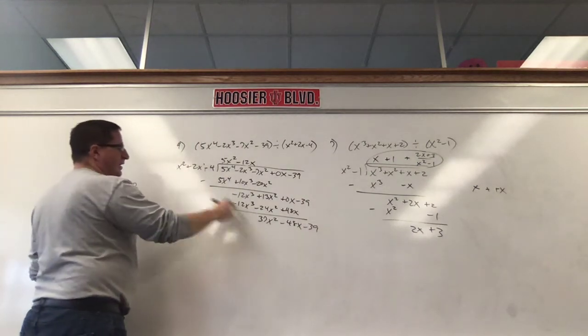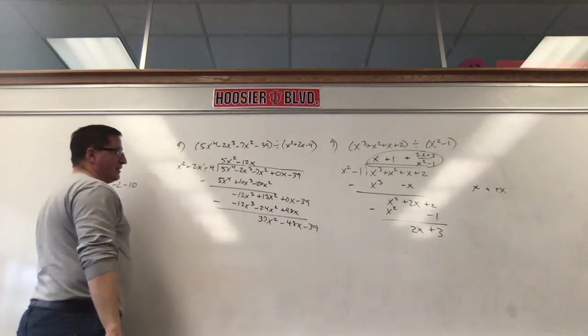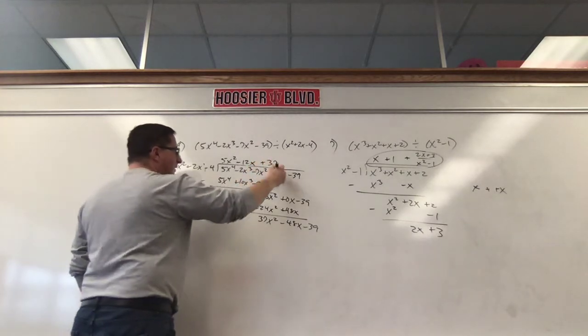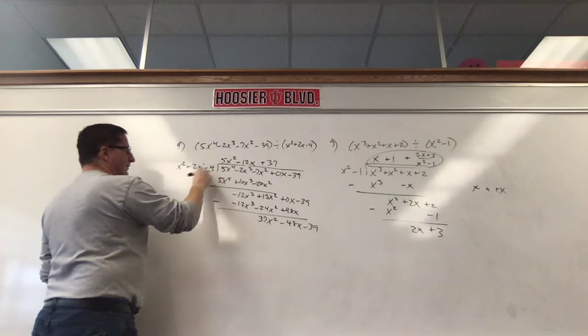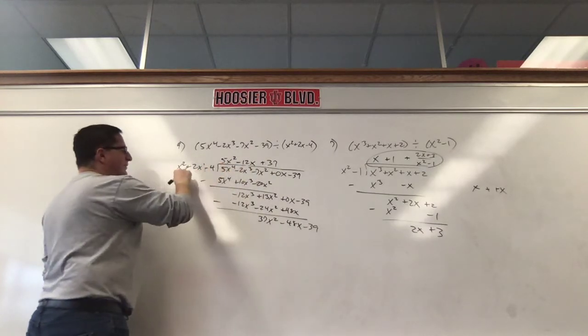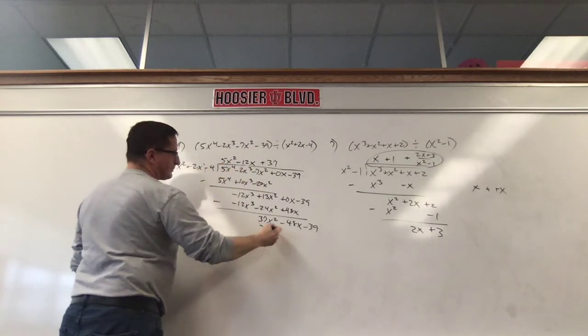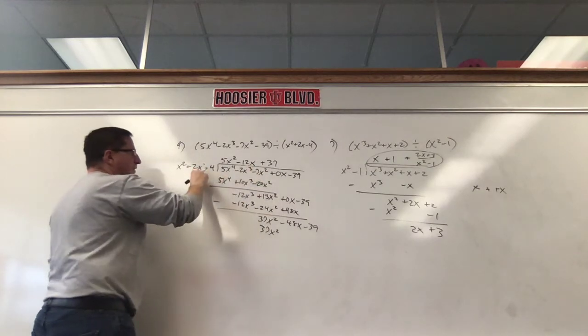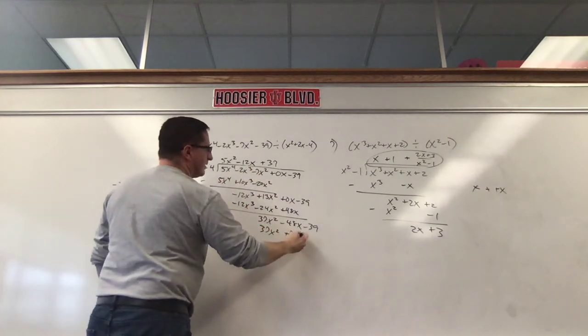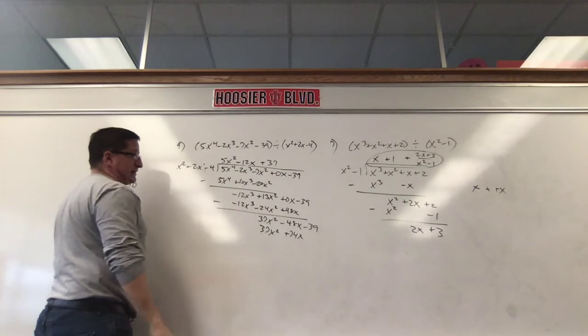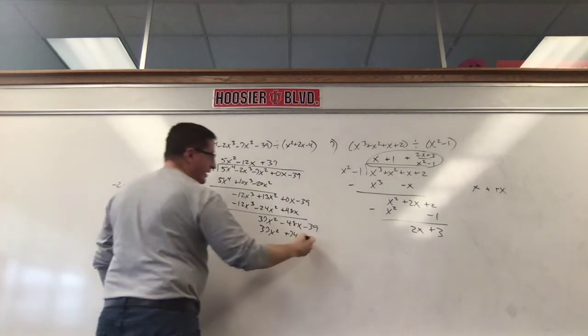How do you make x squared into 37x squared? We times by positive 37. So 37 times each of these. 37 times x squared is 37x squared. 37 times 2 is 74x. 37 times negative 4 is negative 148.